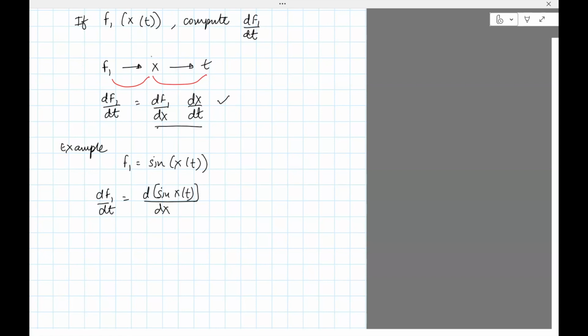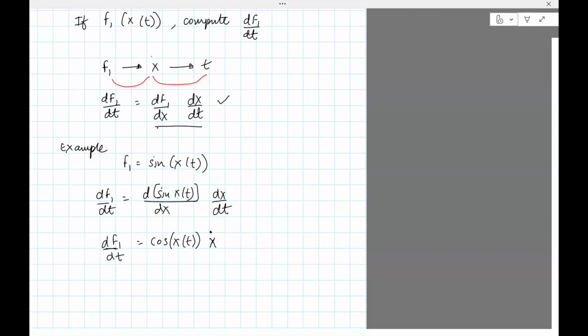You don't really look at t. And then the second part is dx dt. The derivative of sine x is cosine x, so this would be cosine x of t, and then dx dt would be dx dt.